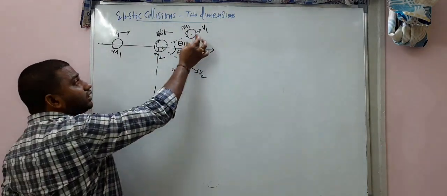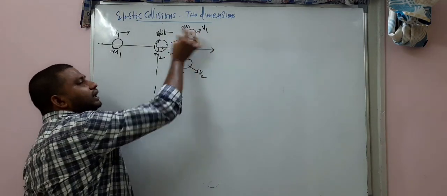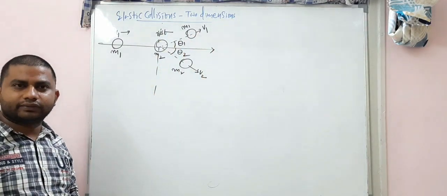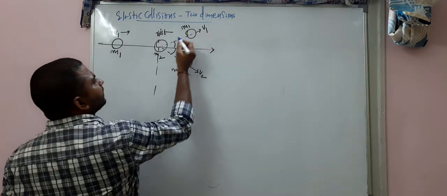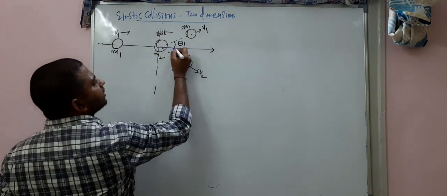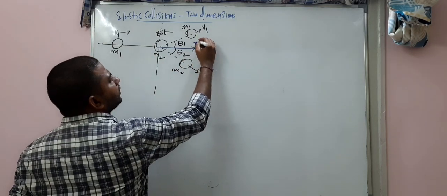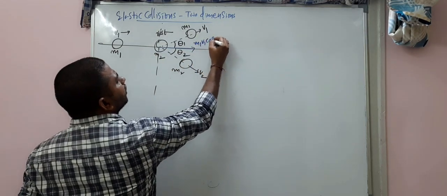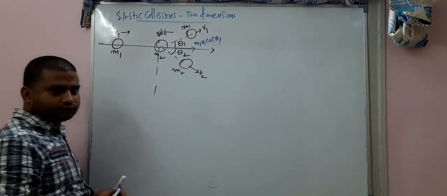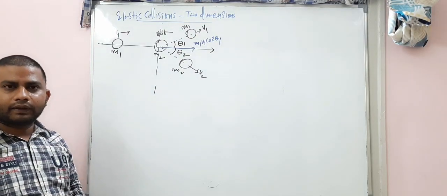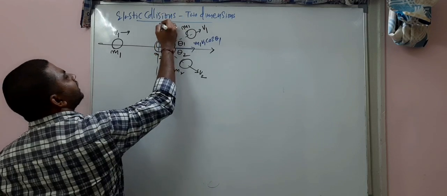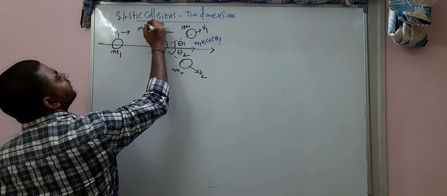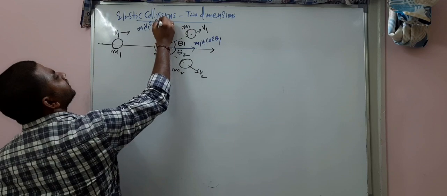So I can resolve this vector into two rectangular components. Let me write. This is m1 v1 cos theta 1. At the same time, the other component will be m1 v1 sin theta 1.